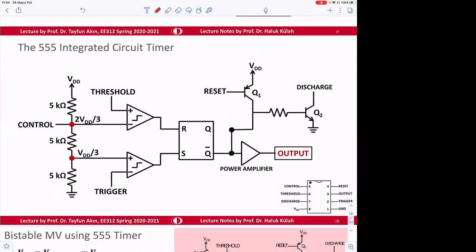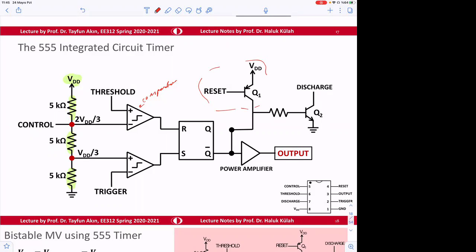In fact, what you have is 3 resistors dividing a supply voltage of VDD into 3 parts, and then a comparator, like an op-amp, and then an SR latch, and a reset signal, which we don't really use much.